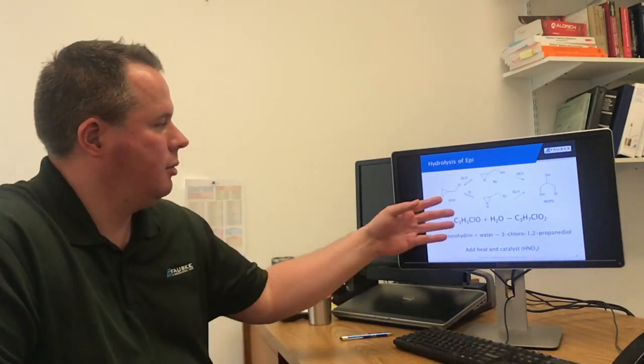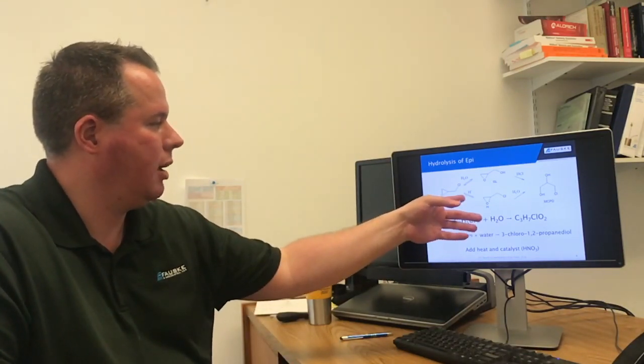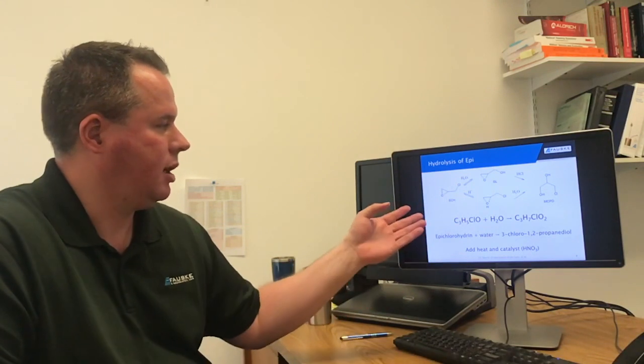So to begin, we have the mechanism of the hydrolysis of epichlorohydrin with water. This mechanism is found in the article by Gaka. The epichlorohydrin epoxide ring is opened by the proton. In this particular case, we were using nitric acid as our catalyst.